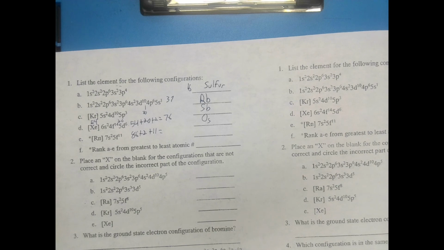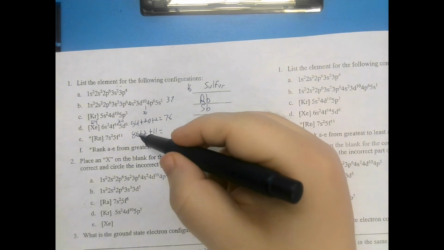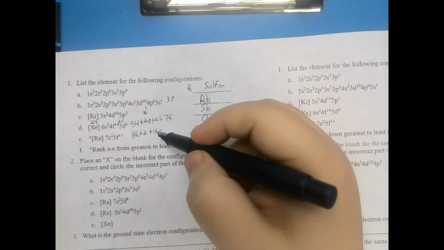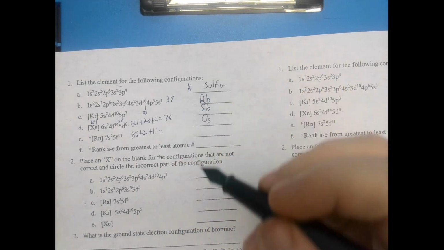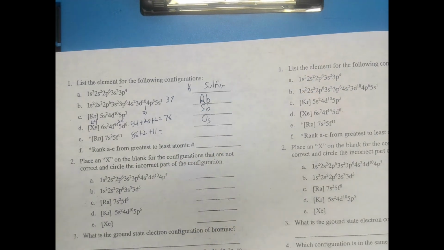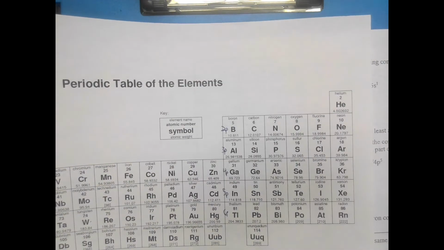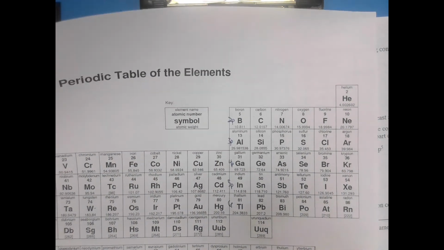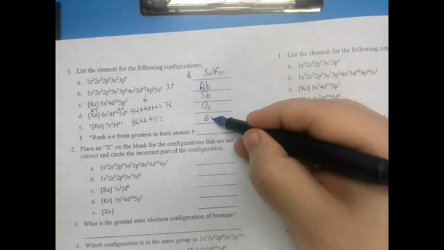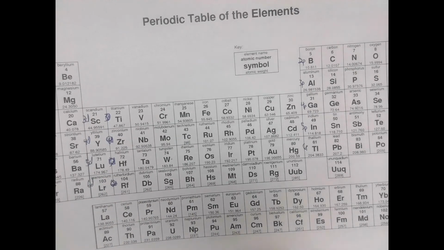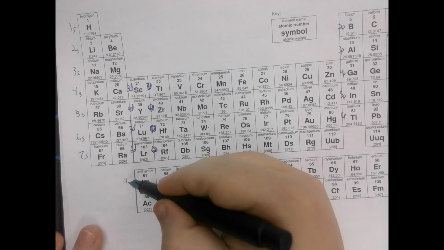So 86 plus 2 plus 11, that'd be 13 plus 86. So 99. 99 is einsteinium. So E6. You can also look at the last one. So this is your 4f.